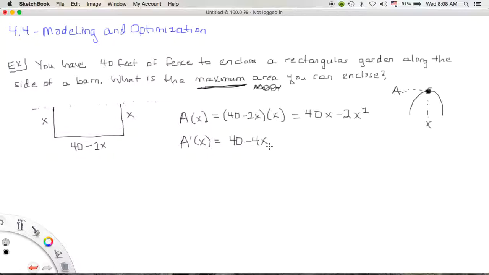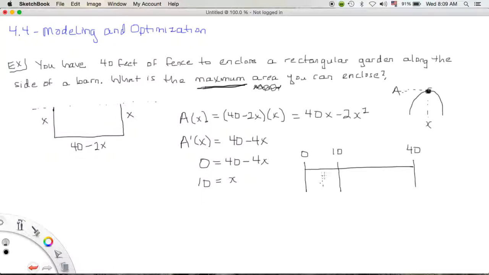It's just a line, so it's not undefined anywhere. So we just need to look at those endpoints and where it equals 0. So it equals 0 when x equals 10. So we set up our little chart here. We're going from 0 to 40, and 10 is the other critical point we're looking at.